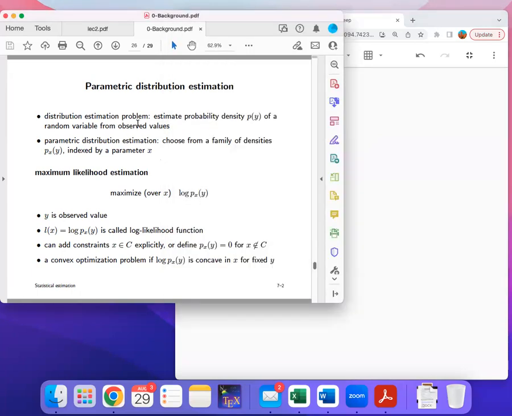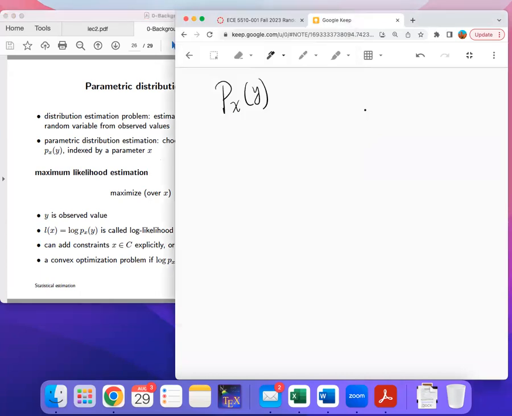It's observed values, and X is the parameters, or the model parameters that we want to learn. And for example, in binary classification, this Y could be the label of a patient. Right? 0 means healthy. 1 means the patient has a certain disease.